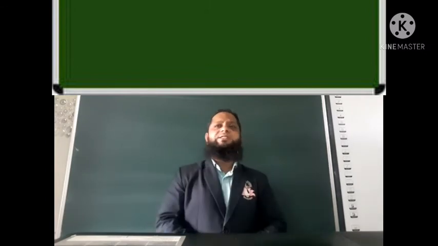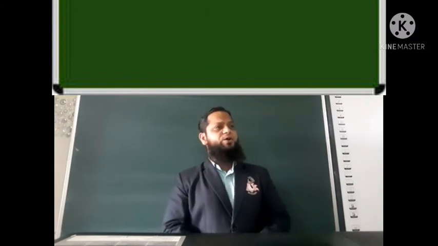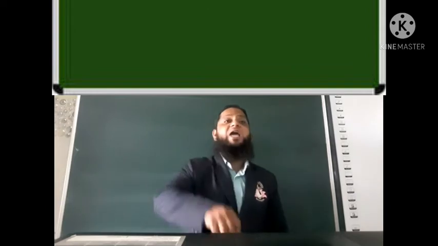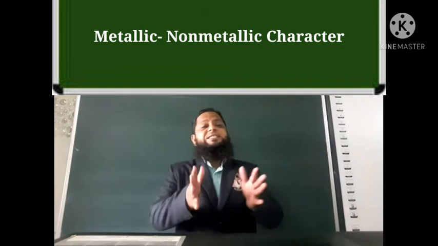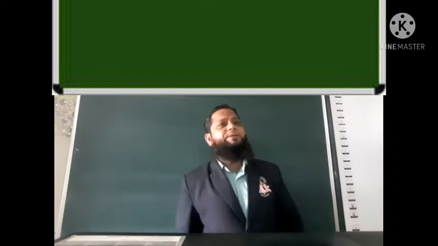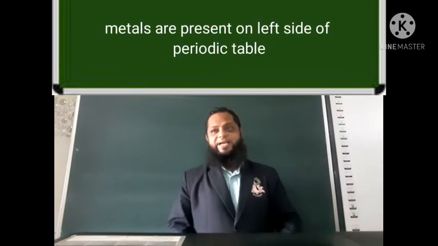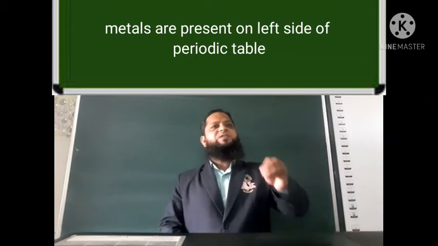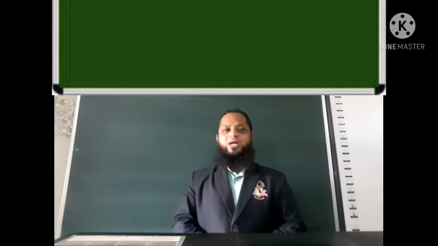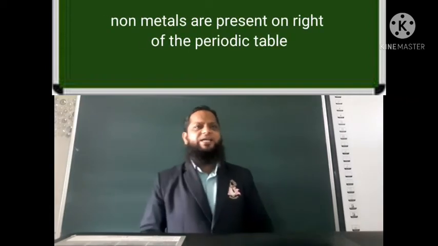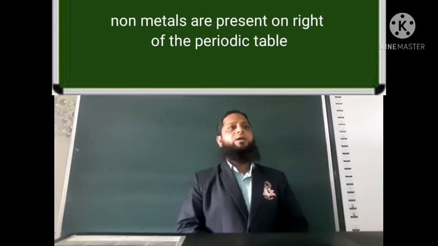The third periodic trend in the modern periodic table is metallic and non-metallic characters. Dear children, metals are present on the left side as well as in the center of the periodic table. Non-metals are located on the right side of the periodic table.